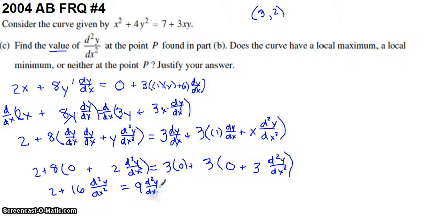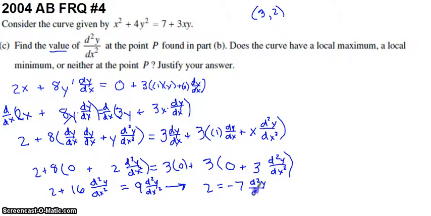And if I'm looking to find the value of the second derivative, now I just need to solve this equation for my second derivative. So I'm going to go across here since I'm running out of room at the bottom of the screen. I'm going to subtract 16 second derivatives from both sides. That's going to leave me with a 2 on the left side of the equation and negative 7 on the right. Right? 9 minus 16 takes you to negative 7.